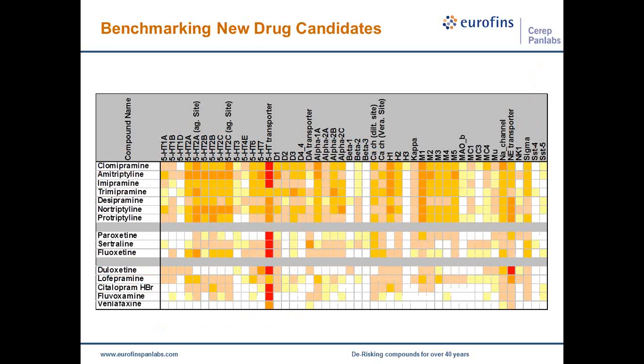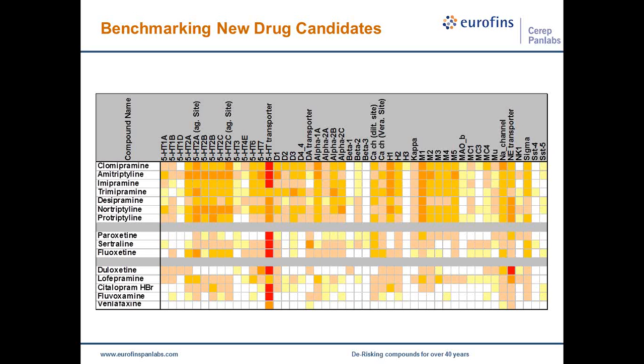Just to talk a little bit about the value of benchmarking, as I've mentioned it a couple of times already. Right here I'm showing you a slide, a heat map of the pharmacological profiles of a series of antidepressant drugs. They've been divided into three groups.